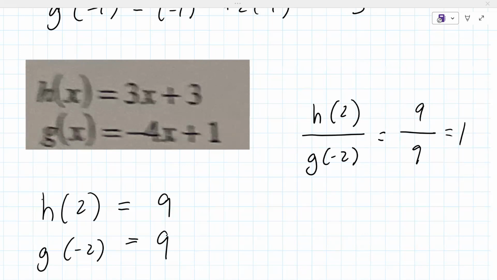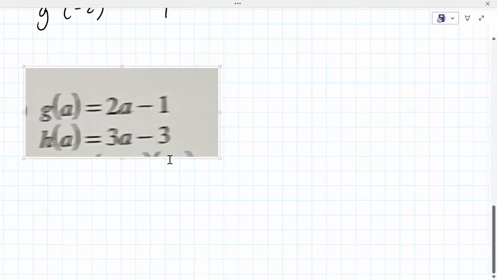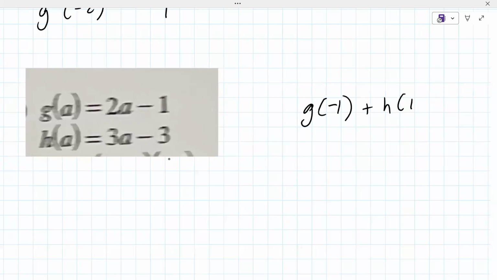Okay, so let's try a new problem where we use the same idea. I want you to find g of -1 plus h of 1.